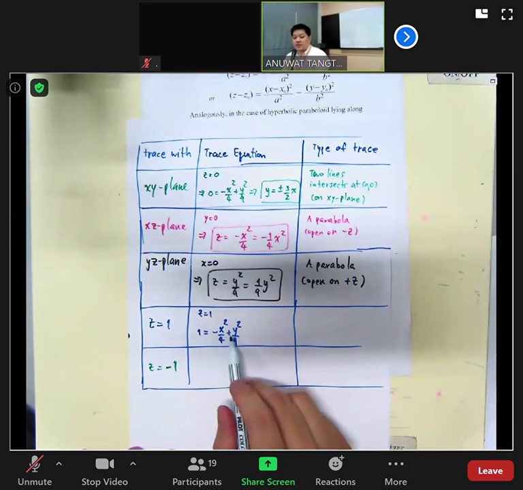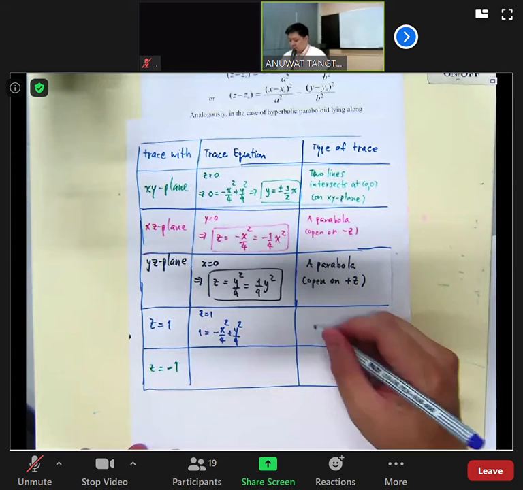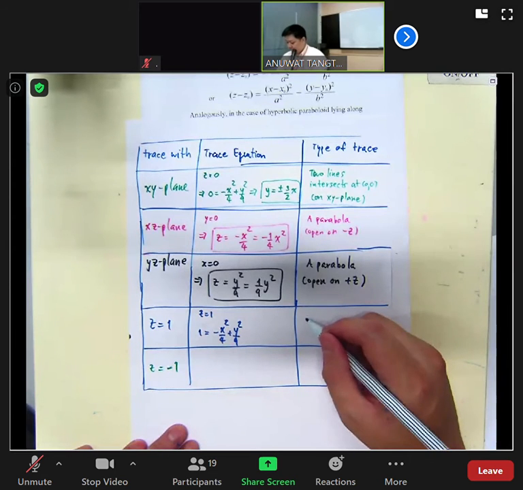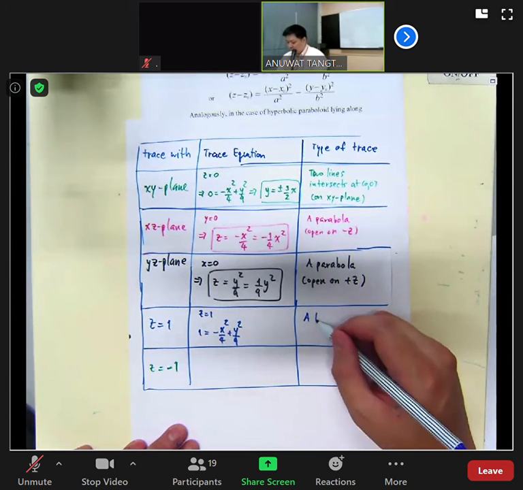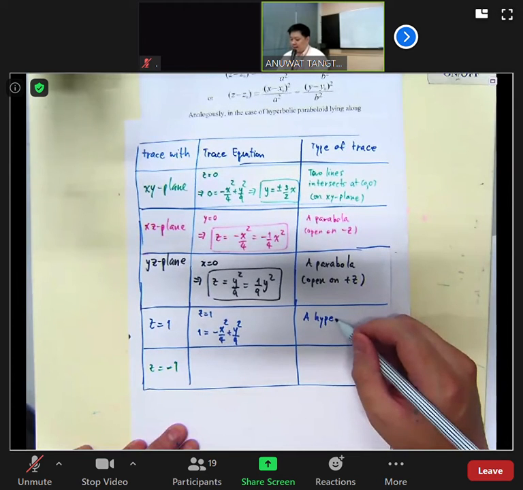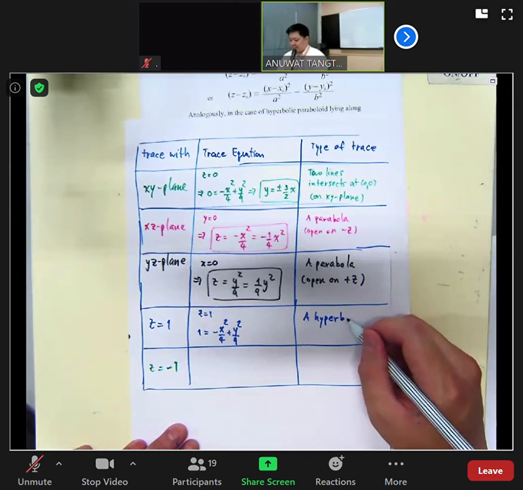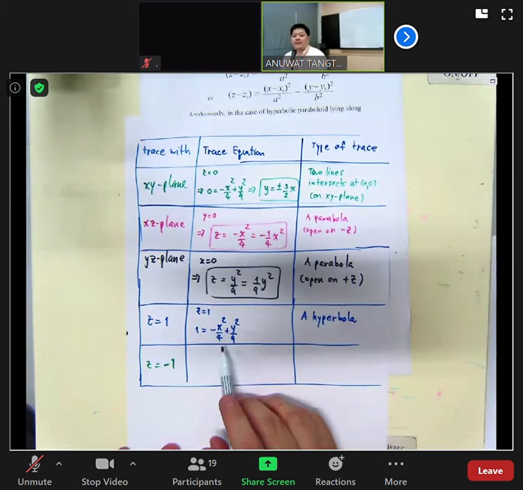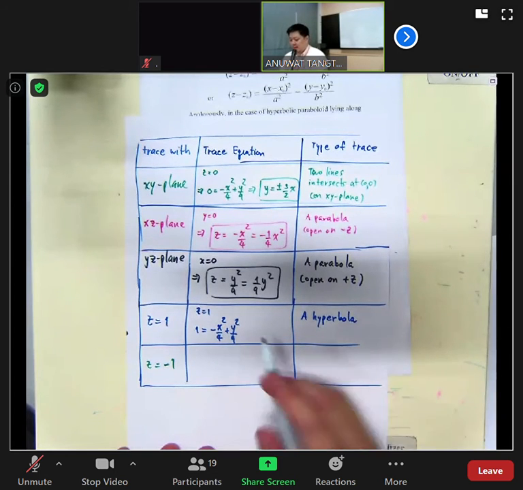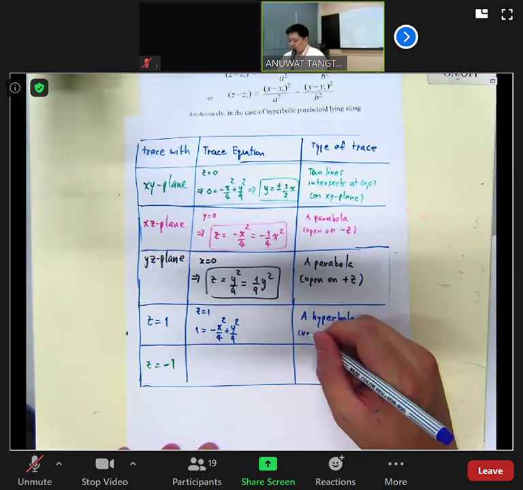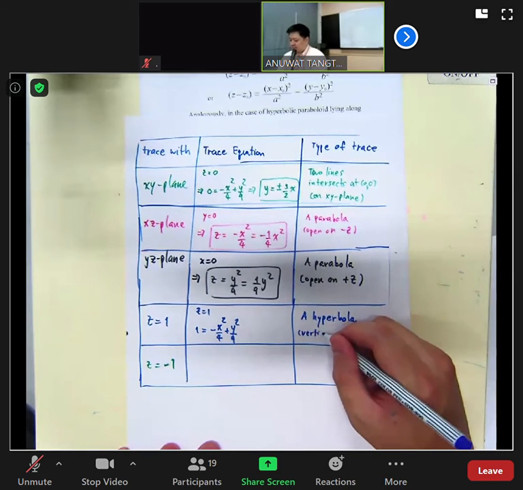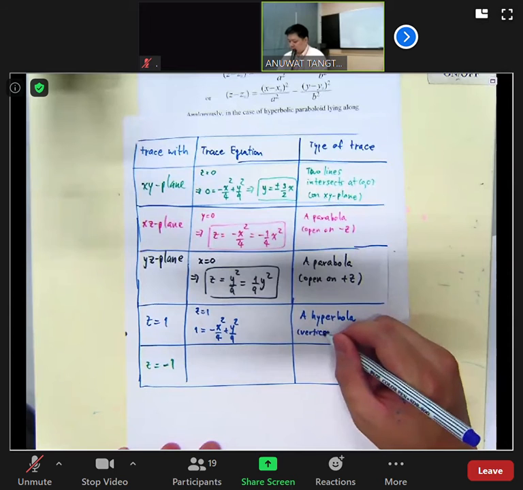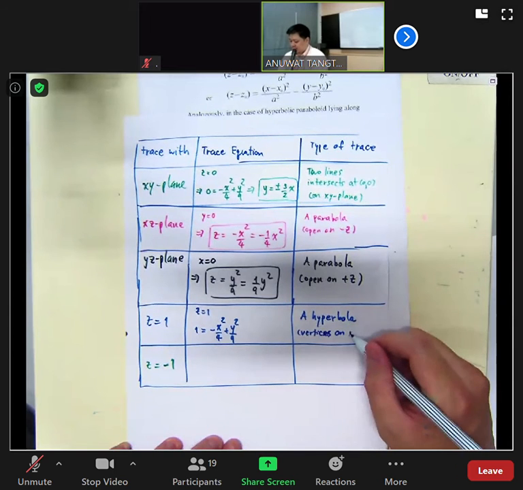And this equation comes out to be a hyperbola. And the name hyperbolic paraboloid comes from this hyperbola. Note that positive is on y, right? So the vertices are on the y-axis.